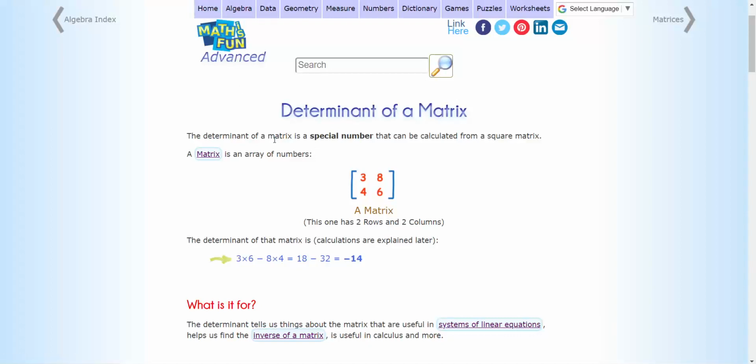The determinant of a matrix is a special number that can be calculated from a square matrix.